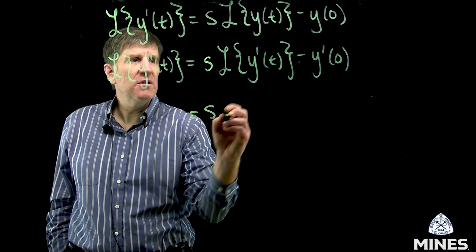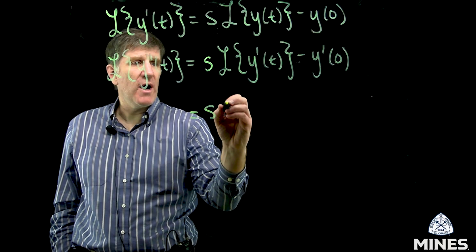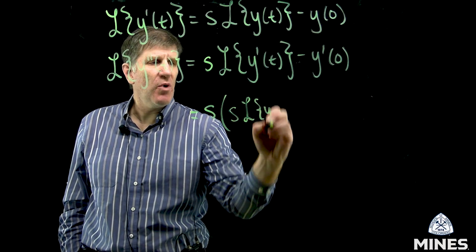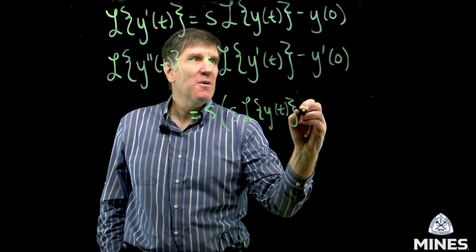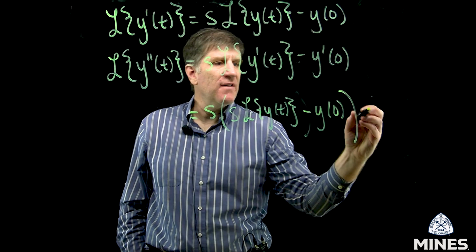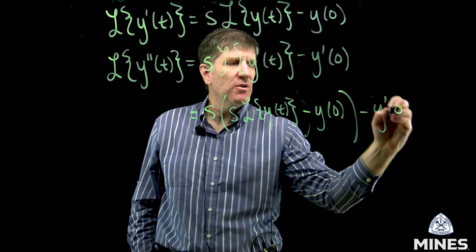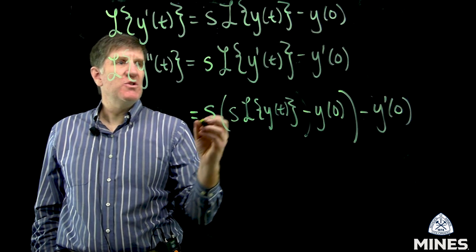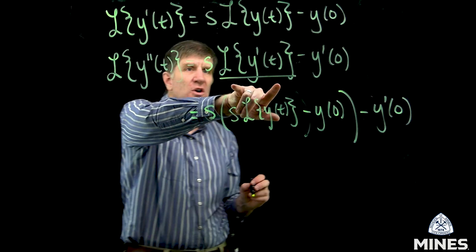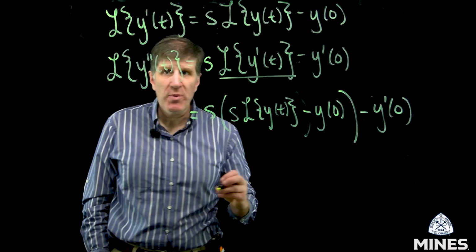And now the Laplace transform of y prime, we know, is s times the Laplace transform of y itself minus y of 0. And then I have this minus y prime of 0. So I'm just substituting in right here. I'm substituting this line in for the Laplace transform of y prime.